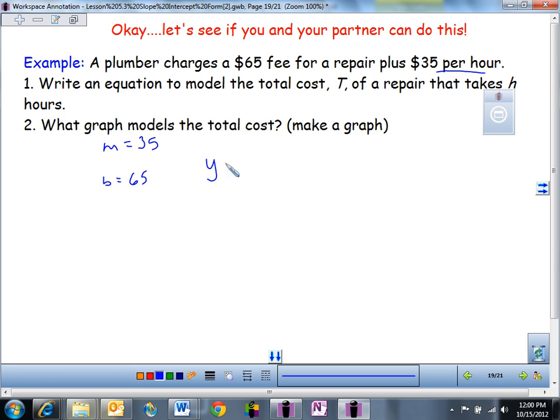So this would be y equals 35x plus 65. So if we were to make a graph, here's our x-axis, here's our y-axis. The 65 is what's going to happen over here, and then when we're doing our slope, we would go up 35 over 1, up 35 over 1, and then we could draw our line. But we'll save the graphing for a later date.